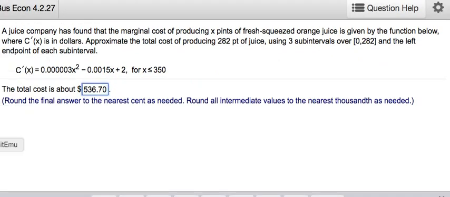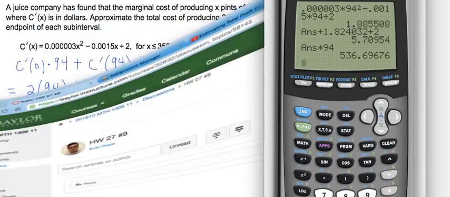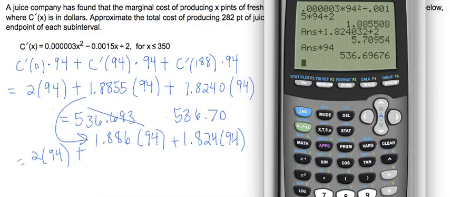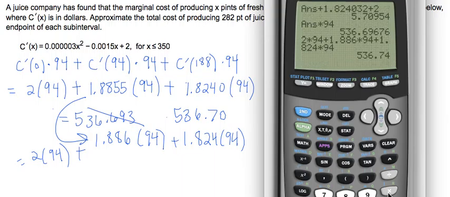Okay, let's try fewer decimals. So 2 times 94 plus 1.886, rounding this 5 up to 6, times 94 plus 1.824 times 94.